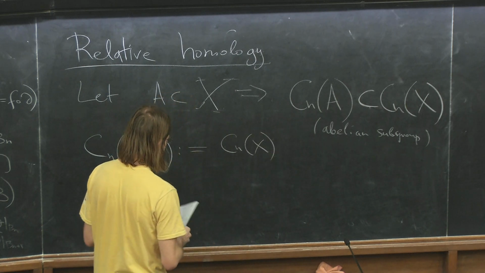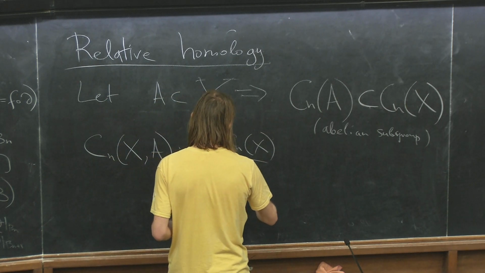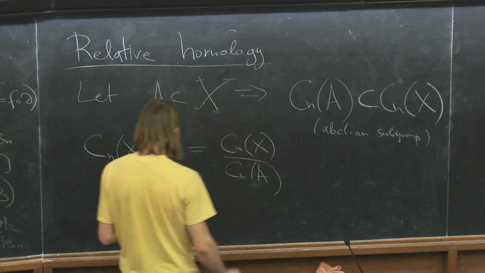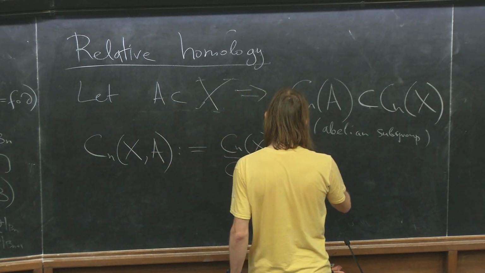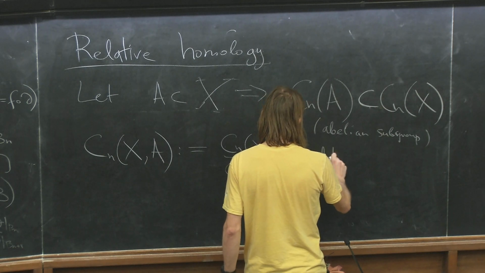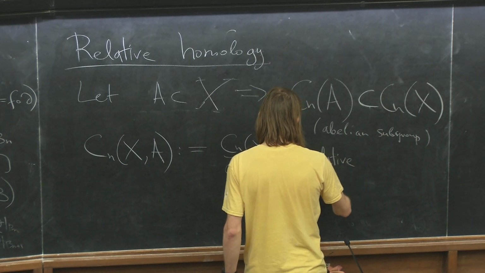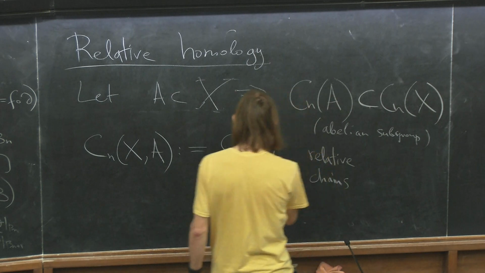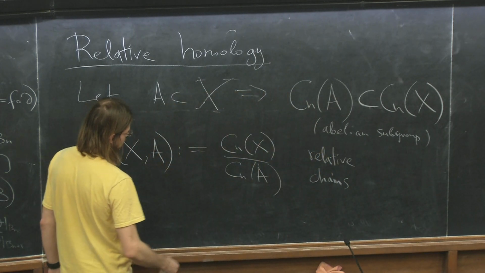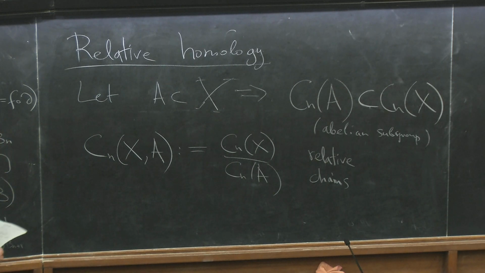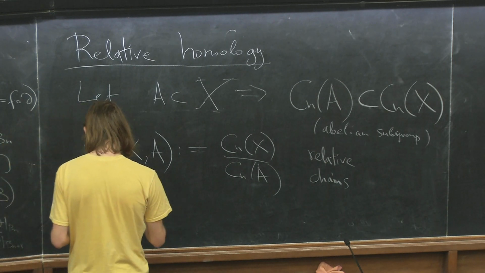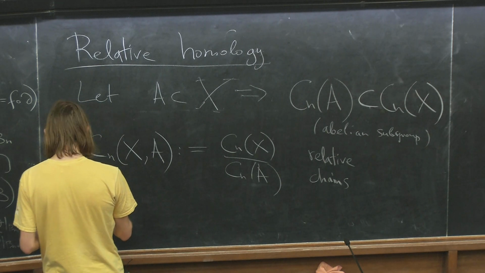So the quotient of Cn of X by Cn of A, and the elements of such a quotient are usually called relative chains. We consider chains in X modulo chains in A.